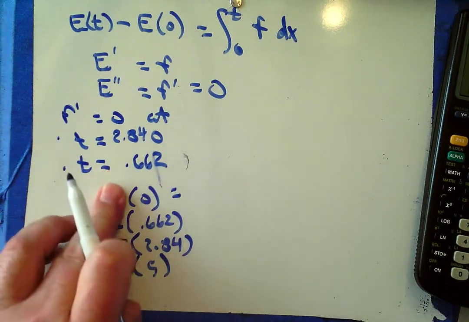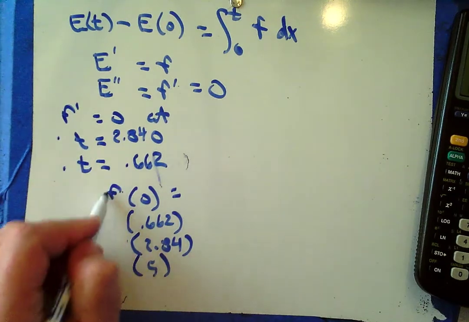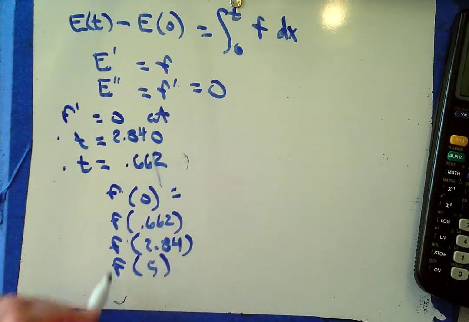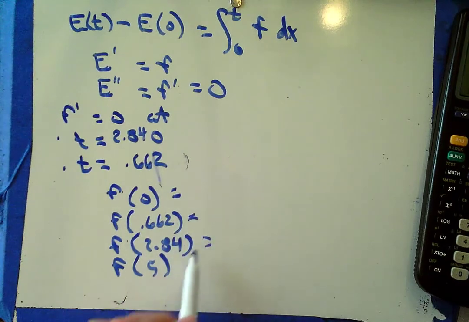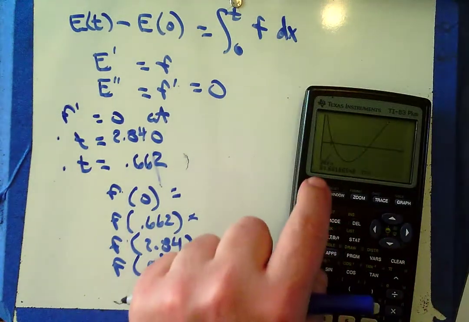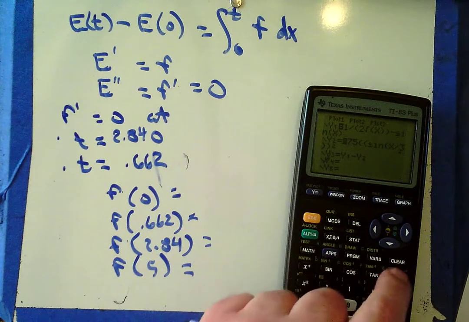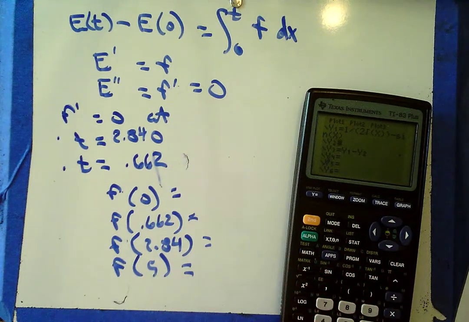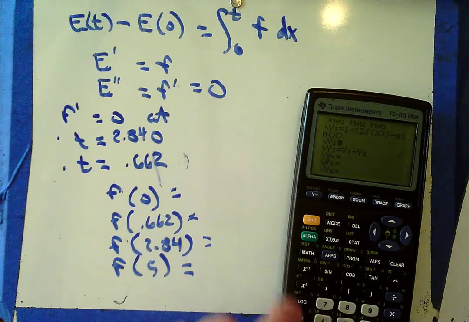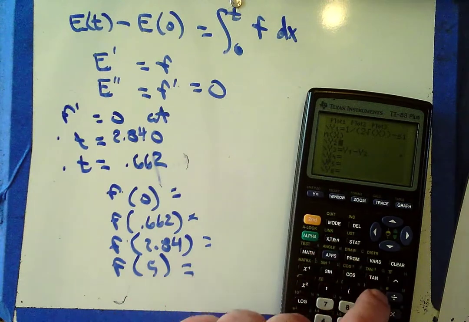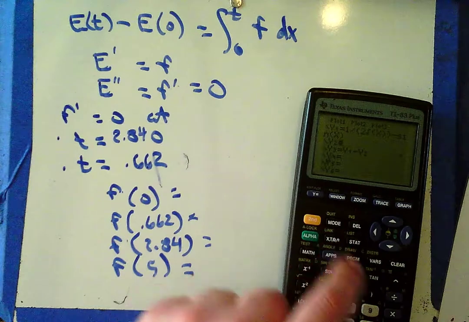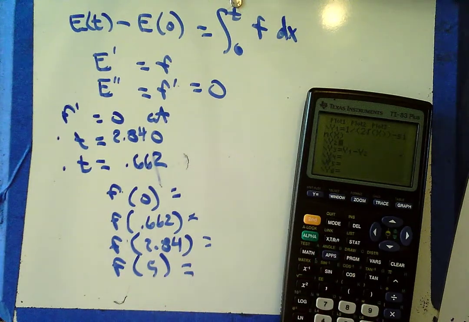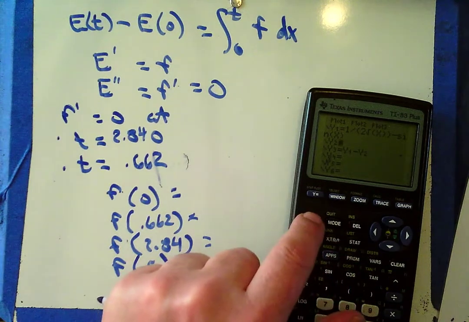So I want f evaluated at these points. Okay, so let's get our f function, not our f prime function, typed in here. And our f function, the original function, was square root of x plus cosine x, don't forget to close that parentheses, minus 3.